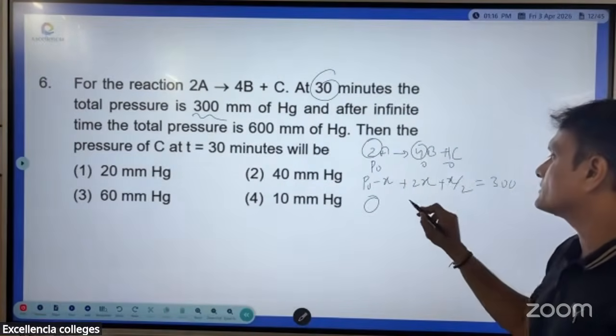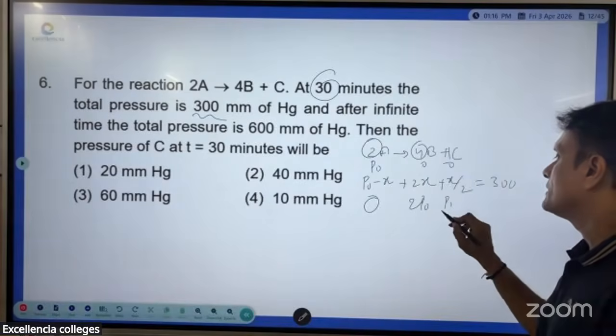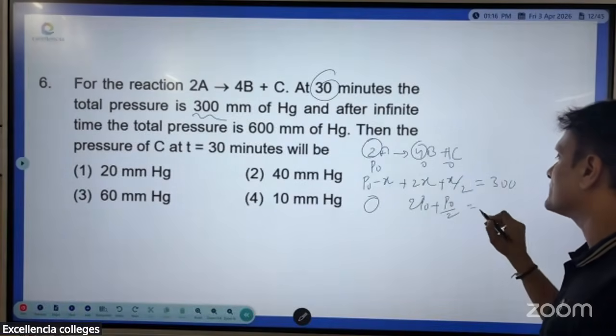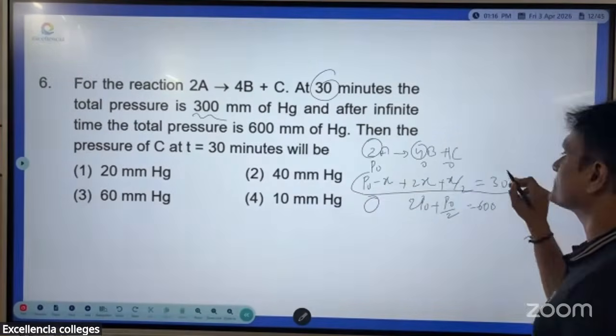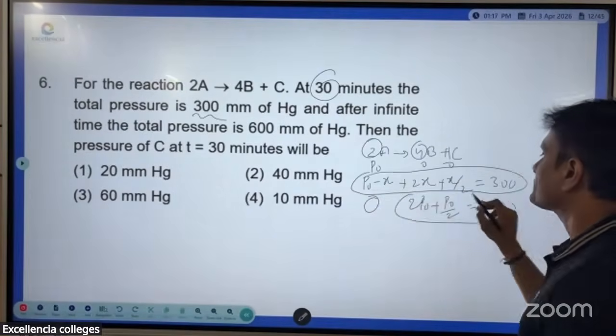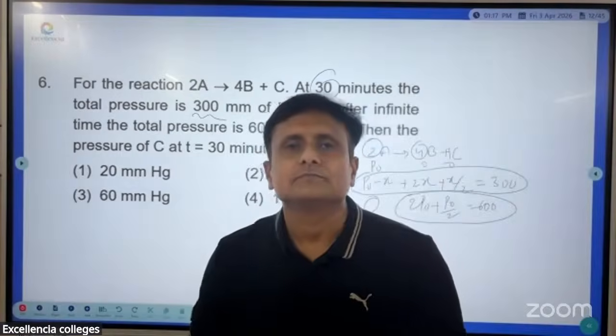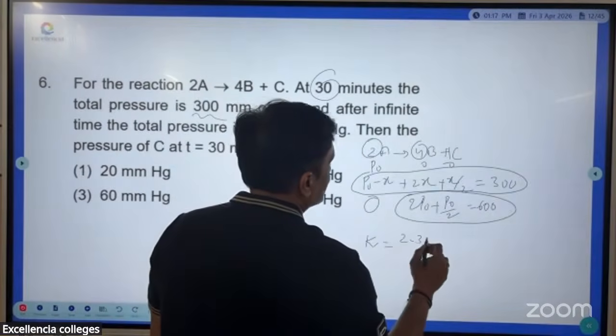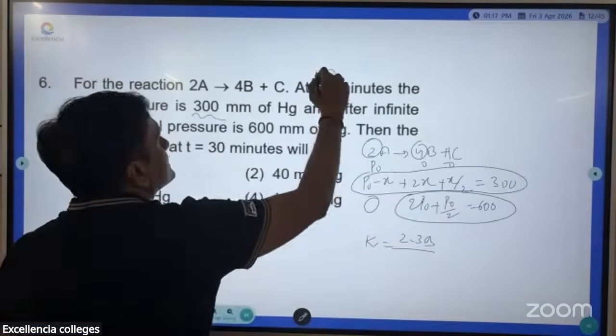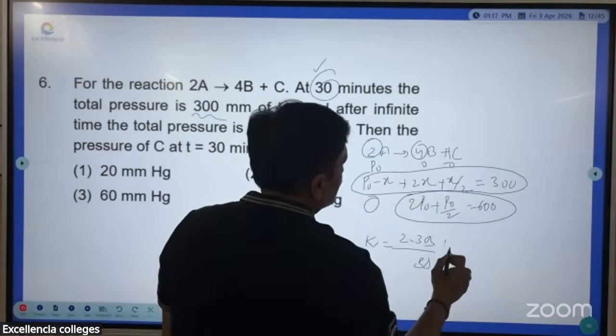And 2:4, this becomes 2p0. And this becomes p0 by 2. Now the sum is given as 600. You see, beta, you have got 2 equations. One in terms of p0 and x. The other one is in terms of p0. Now you know the equation to find k: 2.303 by t. The time taken for the reaction is 30 minutes.